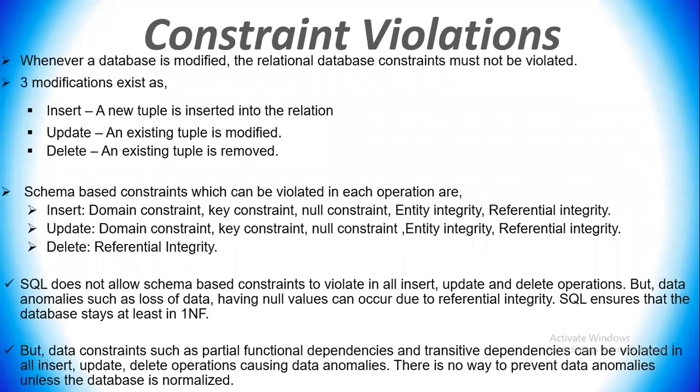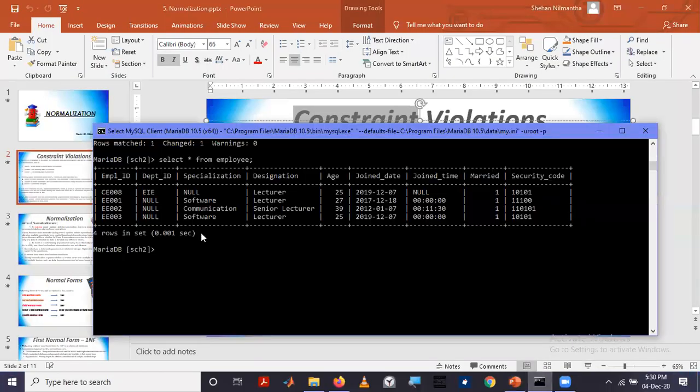What is the anomaly? Say I change this one's department ID in the head table from CEE to EIE, then this one also changes to EIE. But this data is not valid here, because the employee ID is CE, that is, the employee ID belongs to the civil department, but the department ID belongs to the electrical department. So this is an anomaly caused due to referential integrity. That means this whole tuple is not valid data.